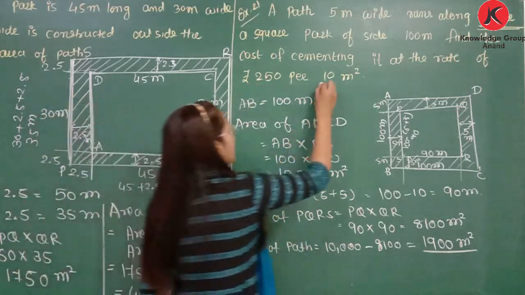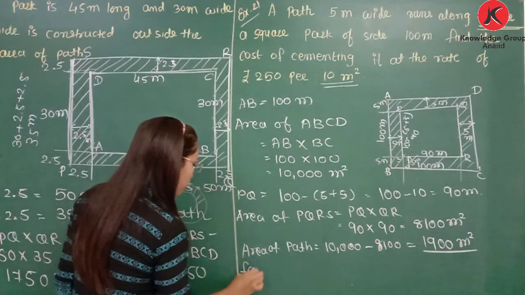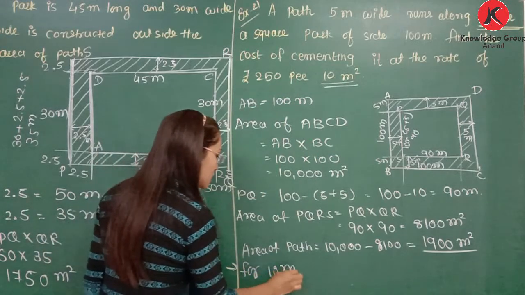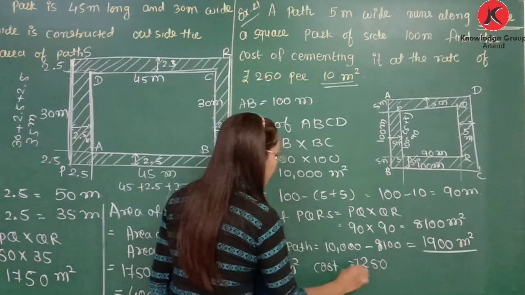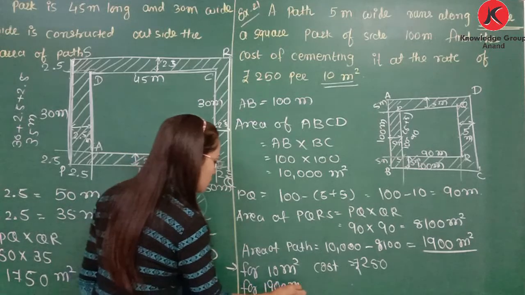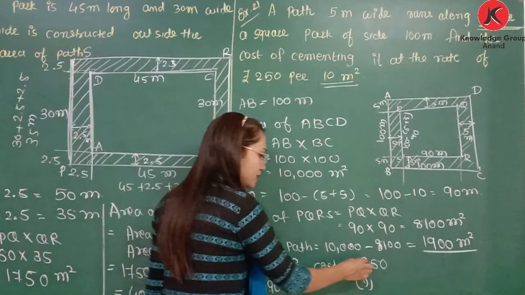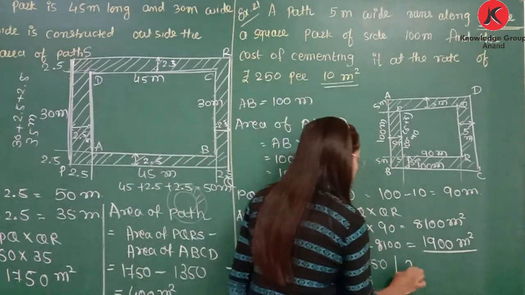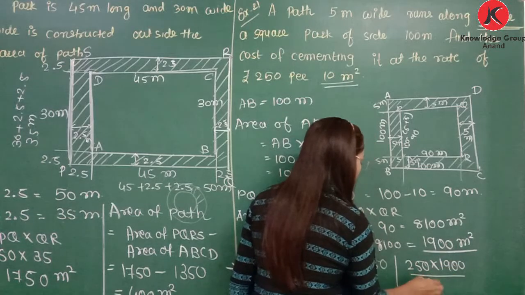So for 10 meters square, cost is 250 rupees. So we have 1900 meters square. So what will be the cost? 1900 will multiply with 250, divide by 10.